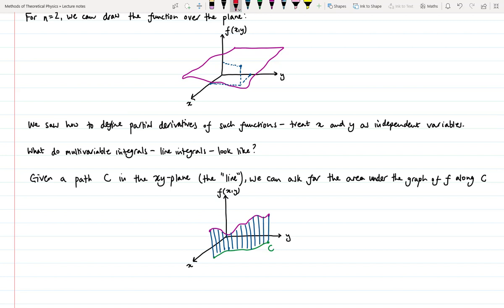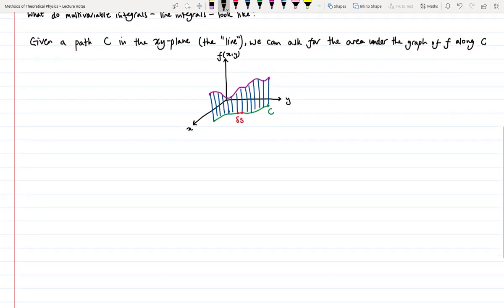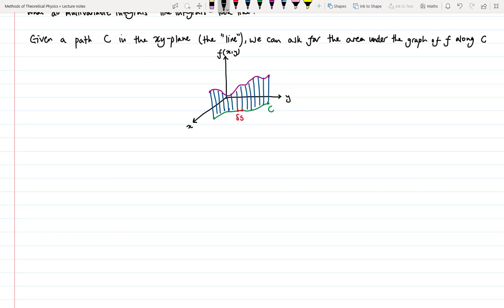And we can label a small distance along the line by delta s. This is our setup. A small change along the curve, and we've called this small change delta s, which is also called the line element.